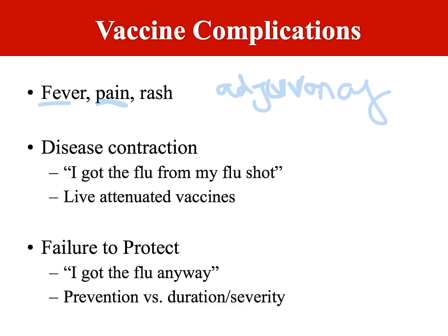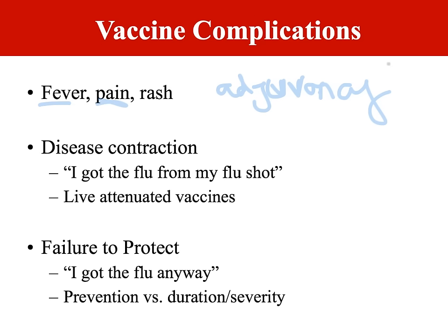Adjuvants are compounds that are added to vaccinations to be more stimulatory to the immune response. The benefit of using either dead things or synthetic things is that there's no risk of infection. However, the problem with that is that they are not nearly as immunogenic as living things are. And so in order to get around that, you use an adjuvant.